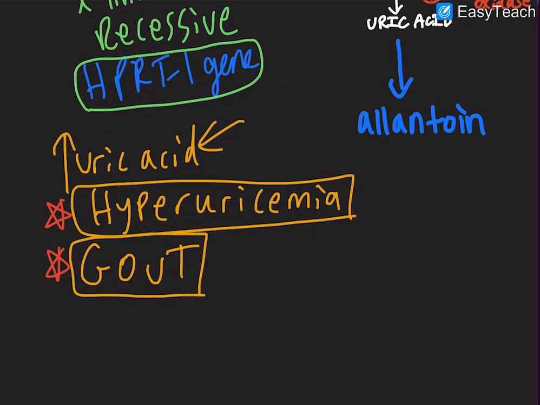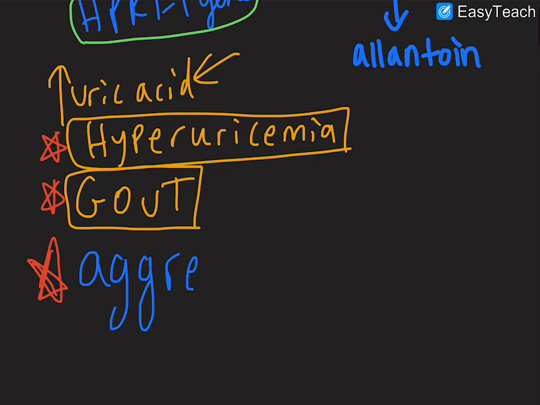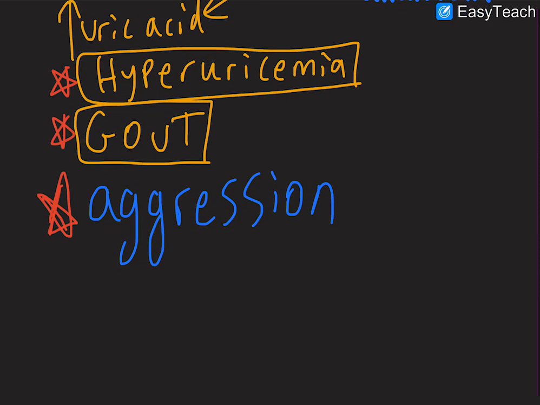Let's finish off by listing other high yield things relating to Lesch-Nyhan syndrome that we should know. So another thing that occurs in Lesch-Nyhan syndrome is that you can have aggression. You can also see self-mutilation.